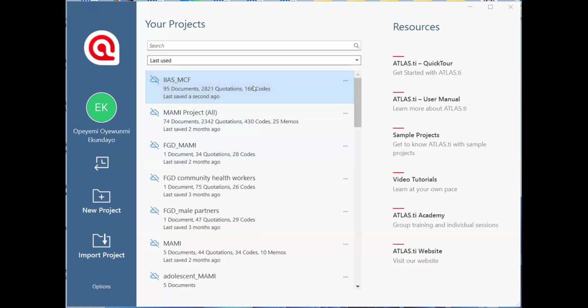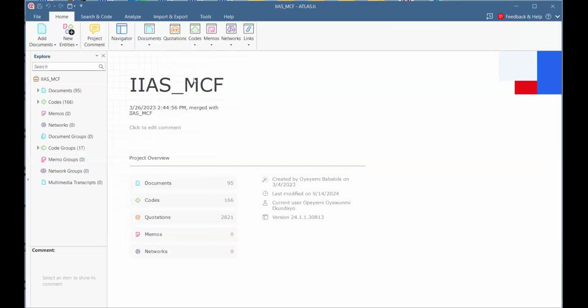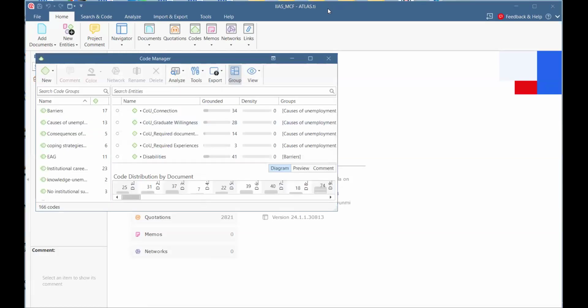Now, as I open this, you see that it says I have 95 documents. I had 166 codes. Those are the codes that I formed on my code book. Now, if I open my codes, you will see what I mean. Let me maximize so that you can see.